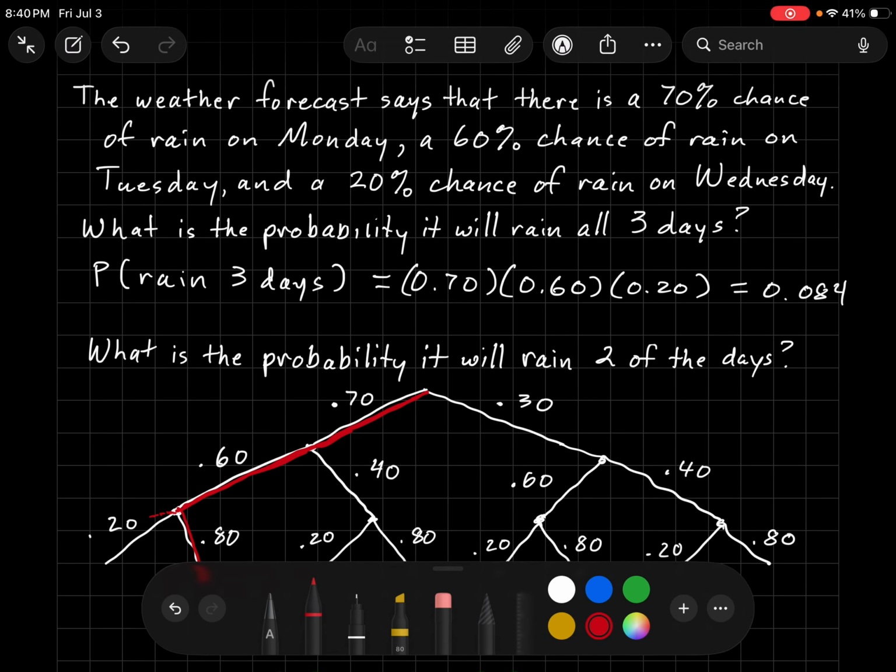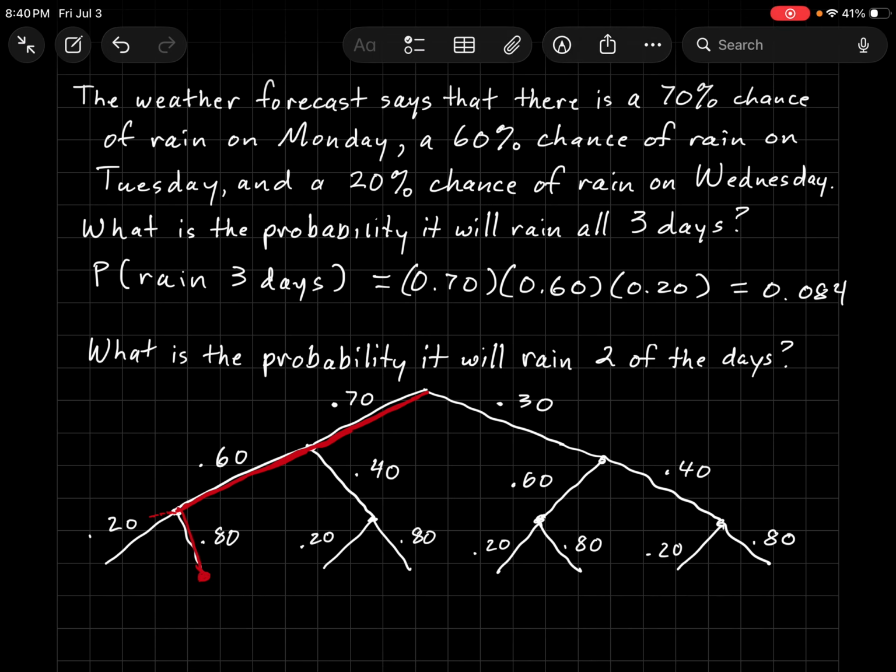Now let me change to blue so we can see another thing. What if I started here and went to say rain, yes, no rain, right? Down the right is no rain, but then back down the left. Isn't that rain 2 out of 3 days? Can you find any other branches through all the levels that give us 2 days of rain?